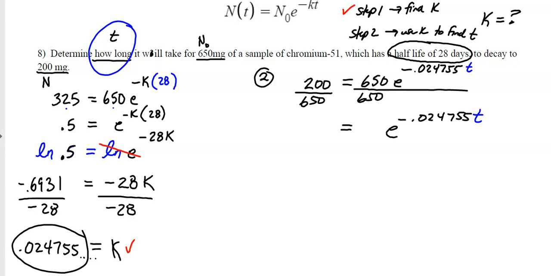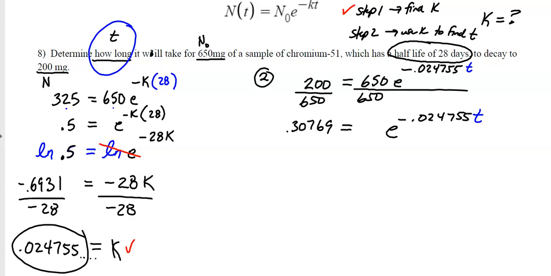I'm going to get a decimal. Let's just rid ourselves of fractions since we're first learning this. And when I did that division, I get 0.30769. We'll stop there.